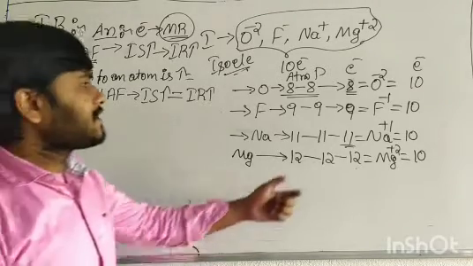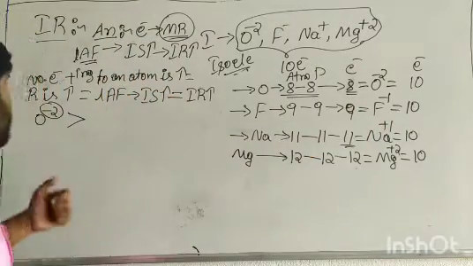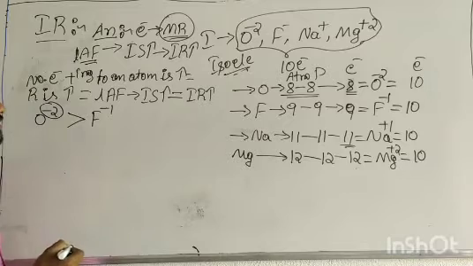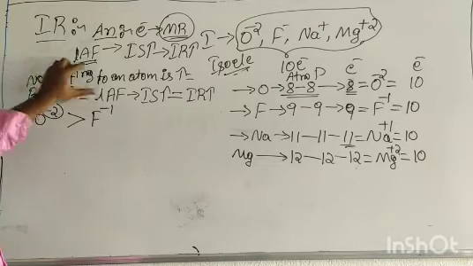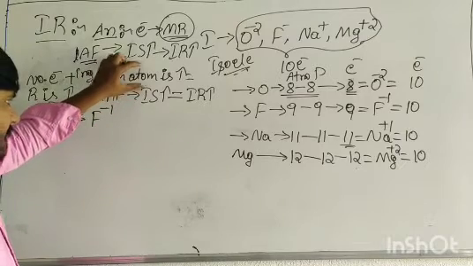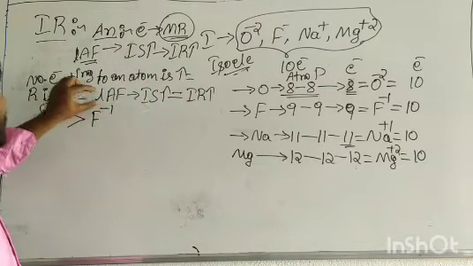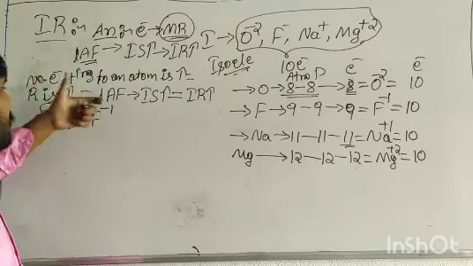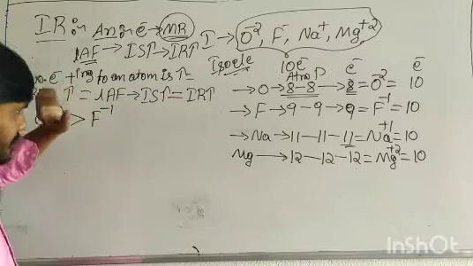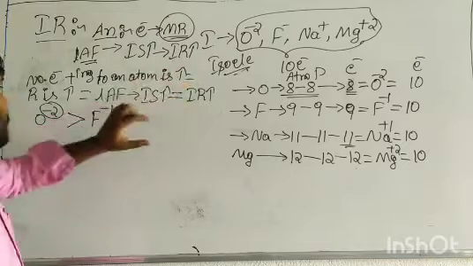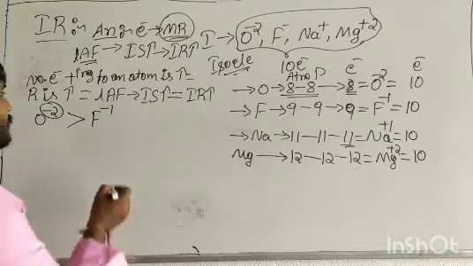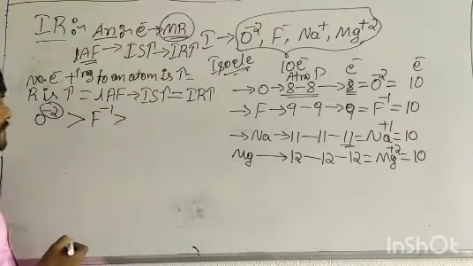Then look at the next element, F minus. For fluorine we are adding only 1 electron, so the number of electrons added decreases by 1 unit. So repulsion will be somewhat less and attractive force somewhat more, but the ionic radius compared to O minus 2 will decrease.